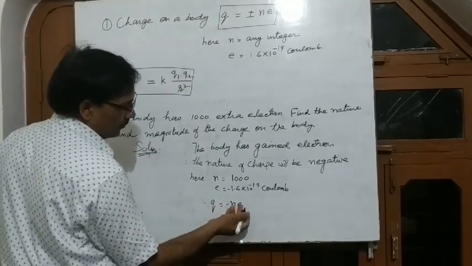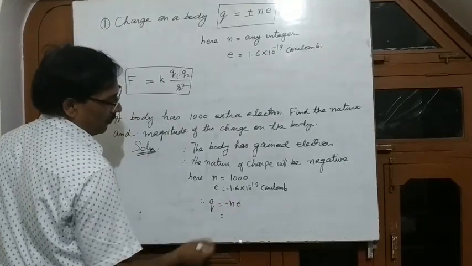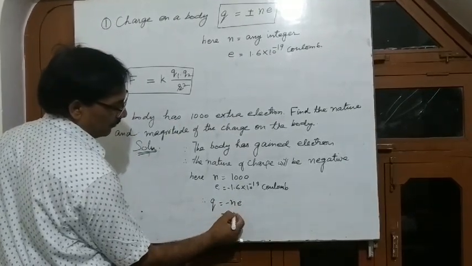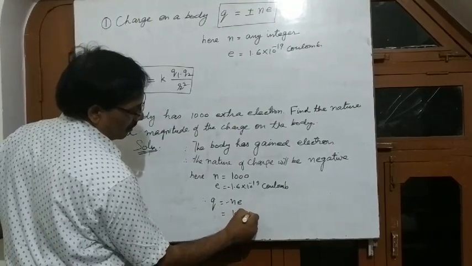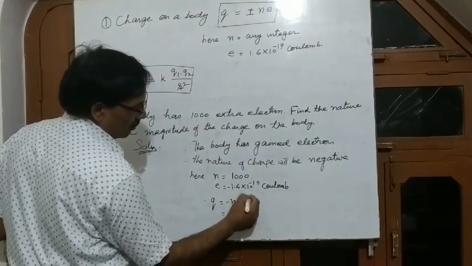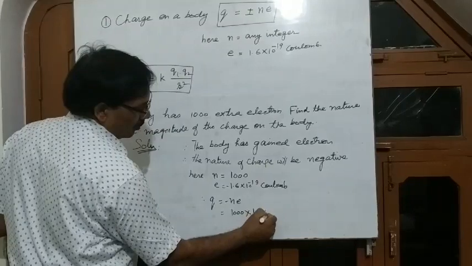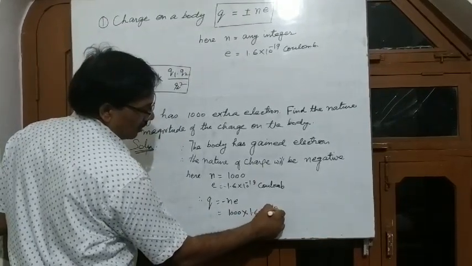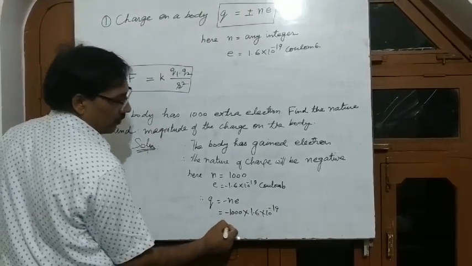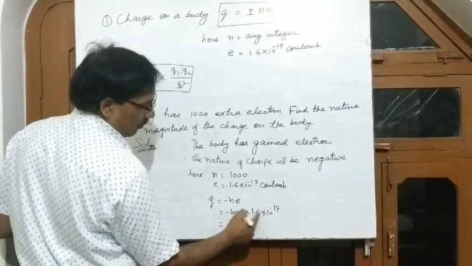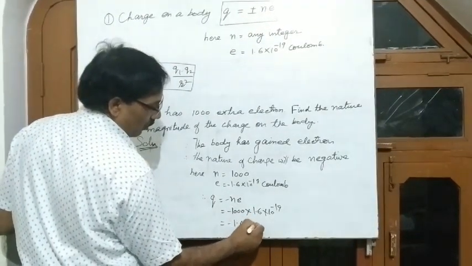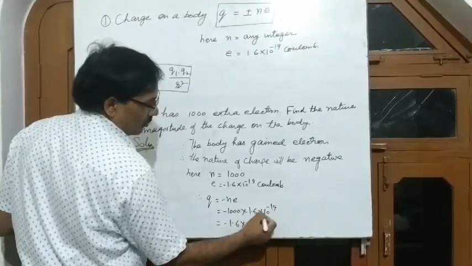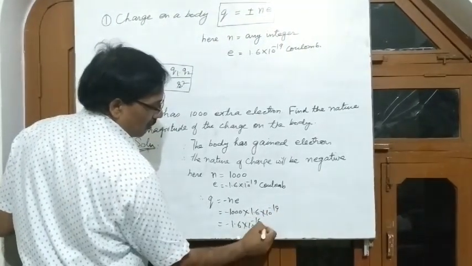Put the value: 1000 into 1.6 into 10 power minus 19, the 10 power 3 and minus 19 combine, so Q is equal to minus 1.6 into 10 power minus 16 coulomb.